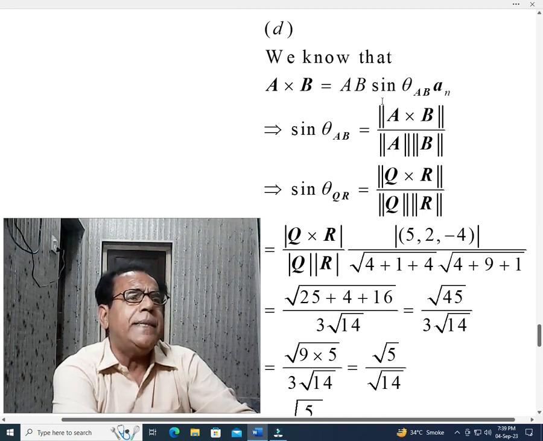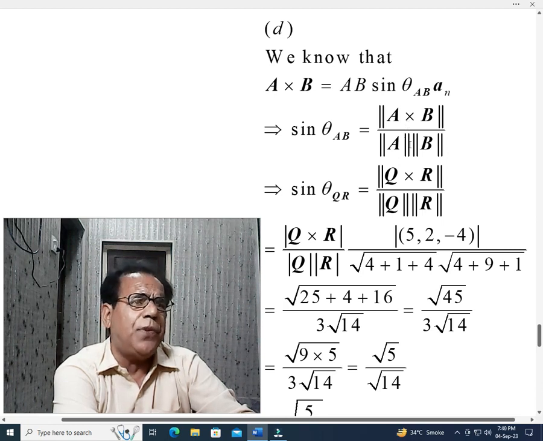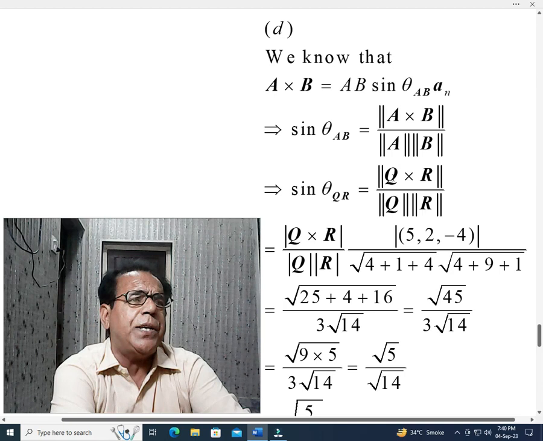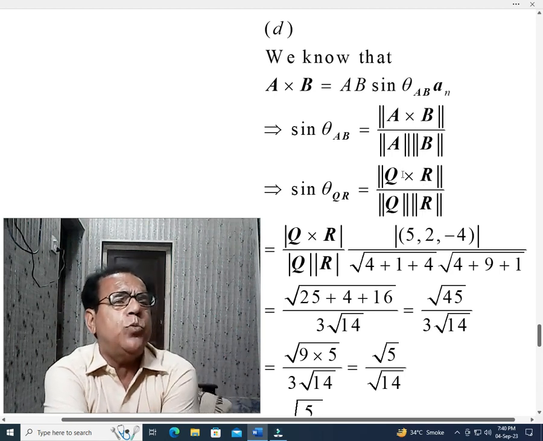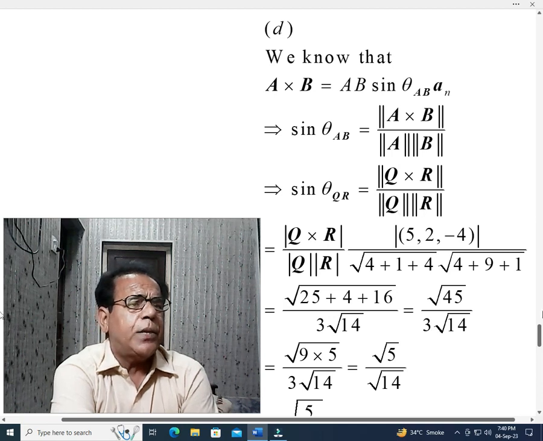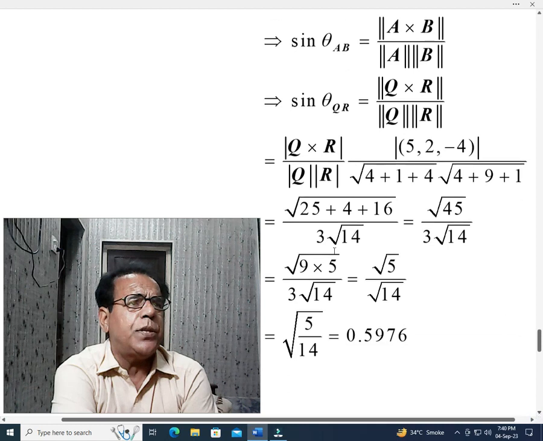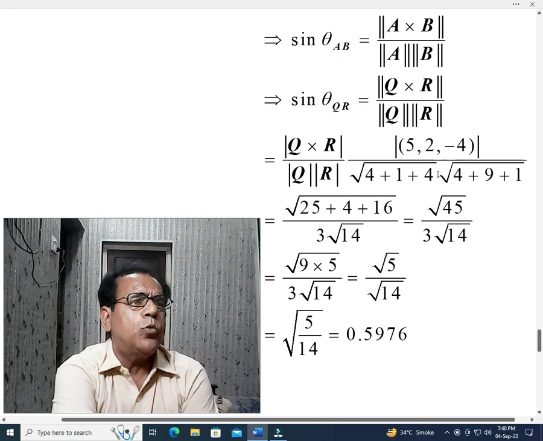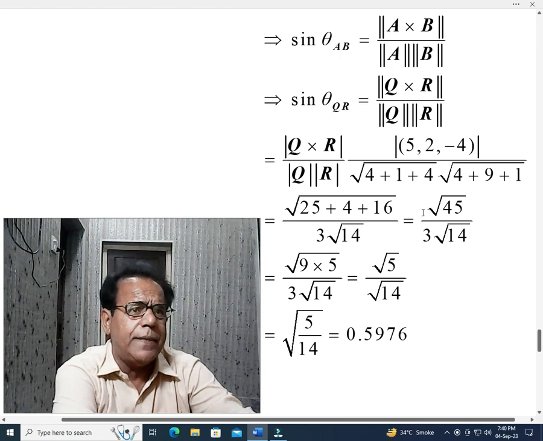This AB was just to the extent of formula, but here P Q R are being used. Q and R are being used, Q in place of A and R in place of B. So the magnitude of the cross product of Q and R over the magnitude of Q as well as R. Q cross R, we have already found is 5, 2, minus 4, but here we are taking its magnitude, so it will become 25 plus 4 plus 16, divided by Q magnitude this and R magnitude this, when multiplied this will become this and this.